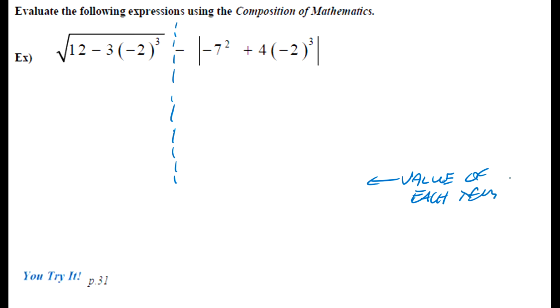Now, what are the factors? So the factors in this first term is just the square root. It's this one factor. So eventually, I know that I want the factor value, the square root of something. What's that factor value? So let's work inside the square root.